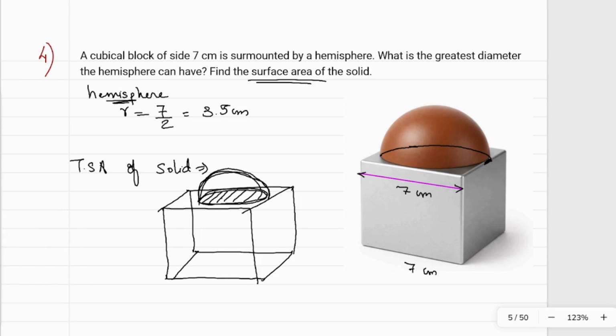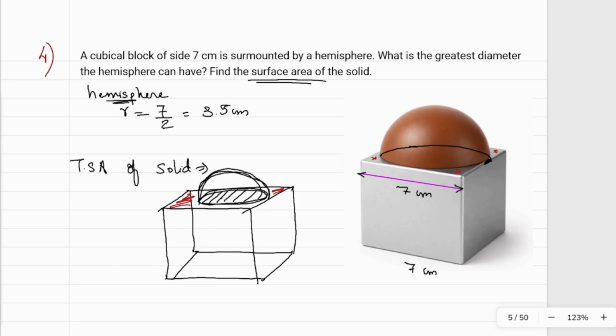Look, why are we taking the entire TSA of a cube? Because we need all these regions that are present there. Look, here this region is there, here this region is there, here this region is there. So how can we find the total surface area of the solid?